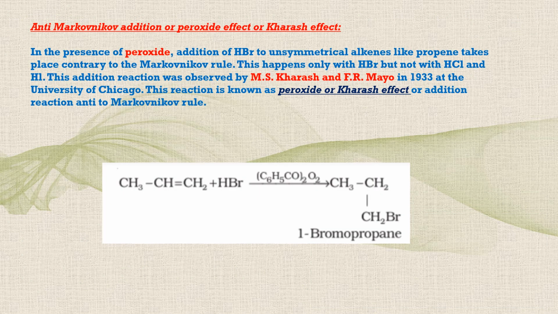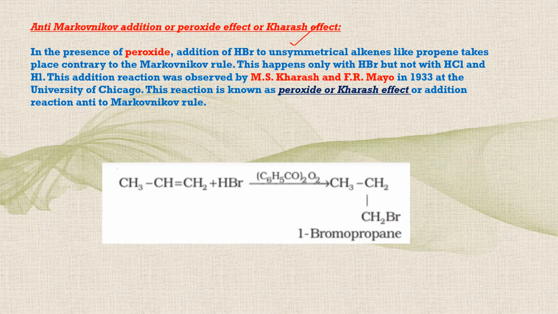Same way, we have another mechanism which is just opposite to this particular mechanism that we have just understood. That is anti-Markovnikov addition or peroxide effect. Another name, Kharasch effect, after the name of the scientist who explained it.